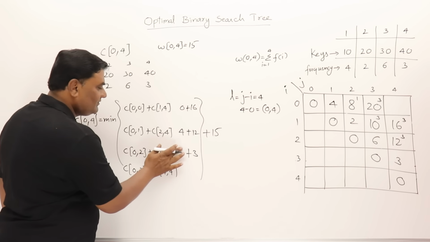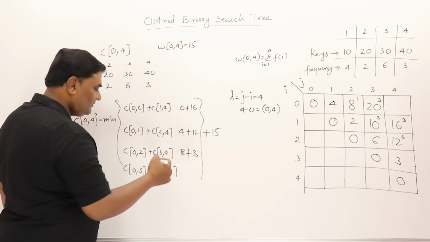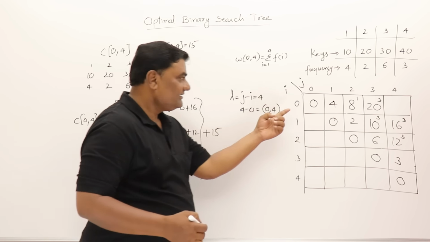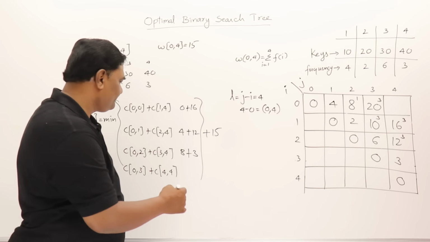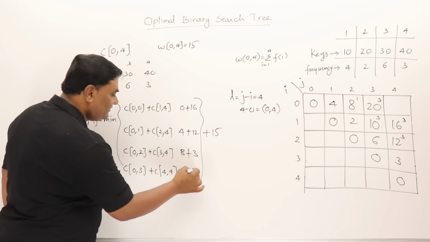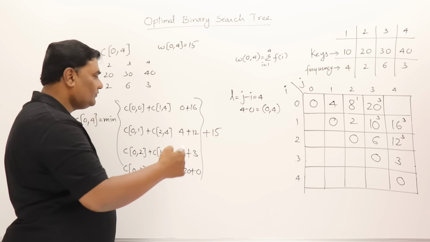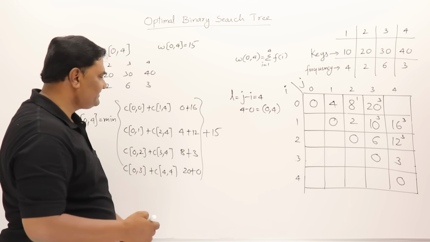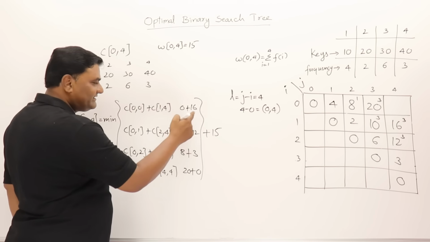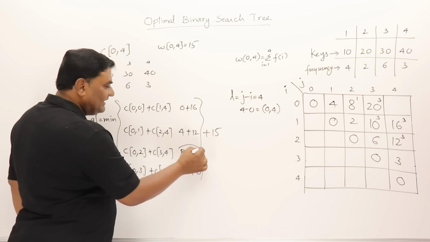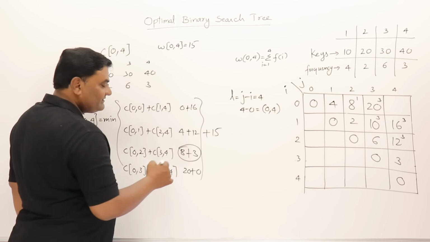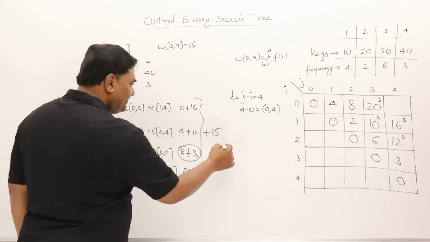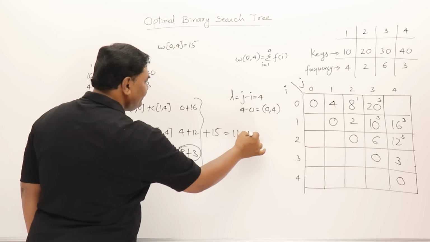Then C of 0, 3 is 20, plus C of 4, 4 which is 0 only. So out of these, which is giving the minimum result? This is 16 and this is also 16 and this is 11 and this is 20. So the minimum answer is 11 plus 15.